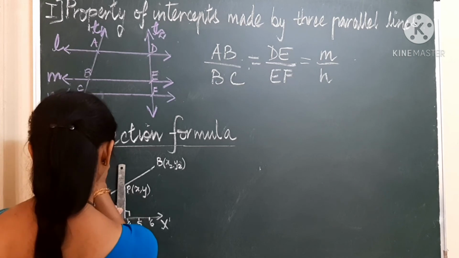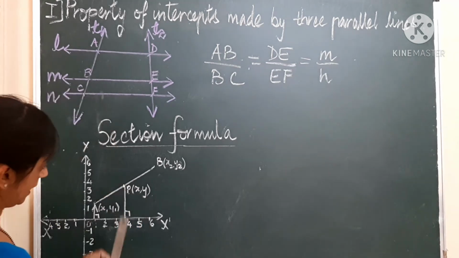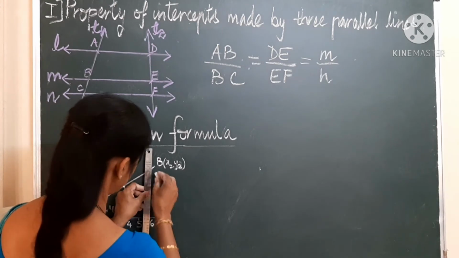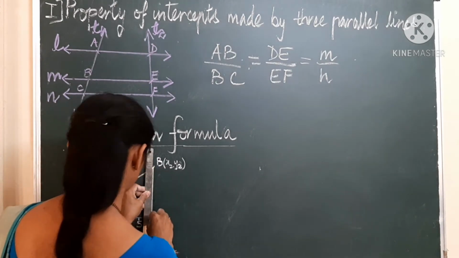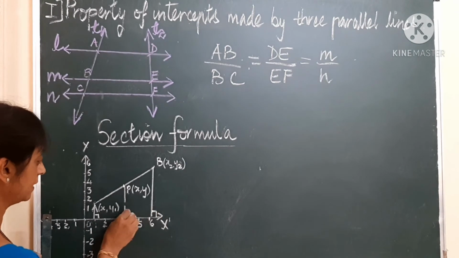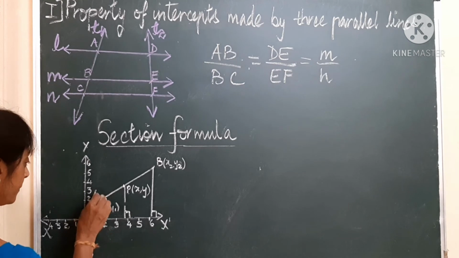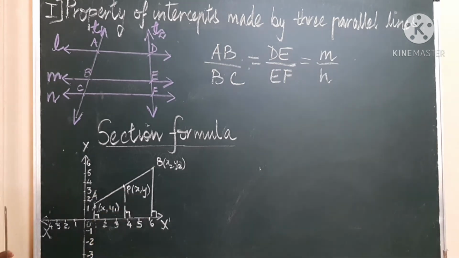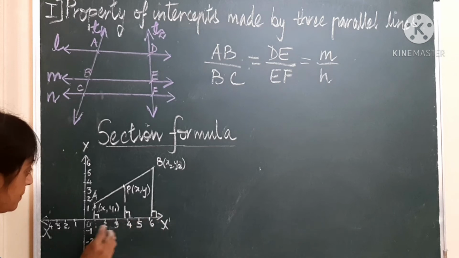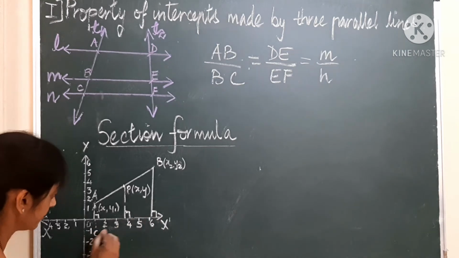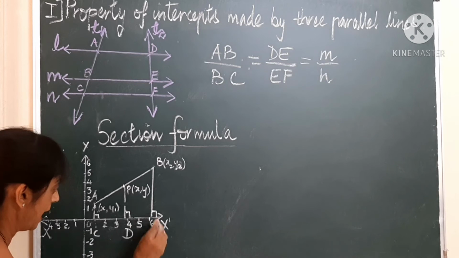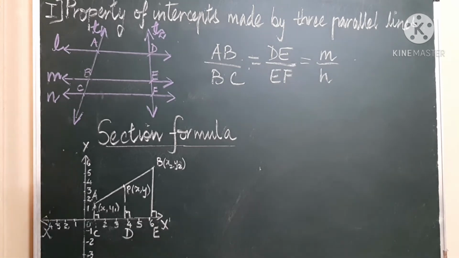This is the second one. And the third one from point B. This is the third one. So I have marked that they are three parallel lines cutting the x-axis with an angle of 90 degrees, from point A, from point P and from point B. Let the intersection points be C, D and E, where they cut your x-axis.